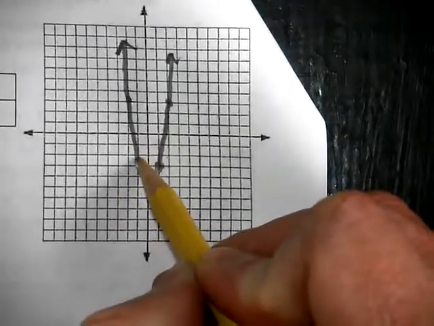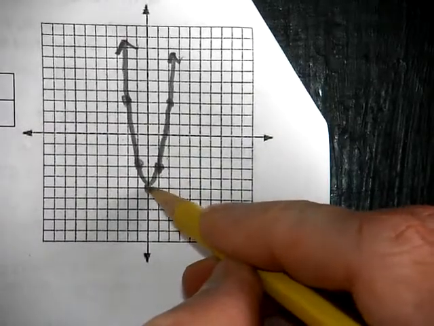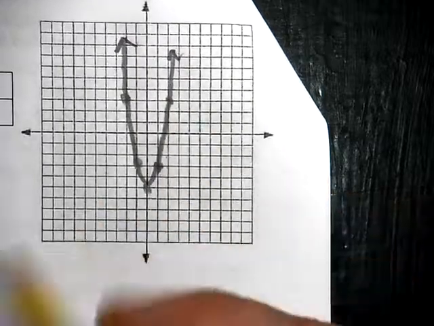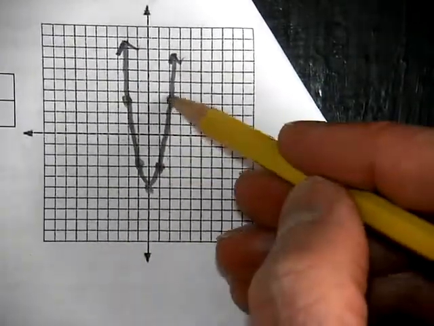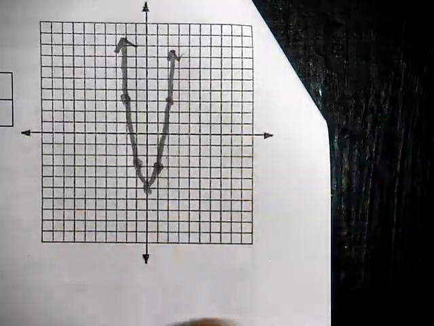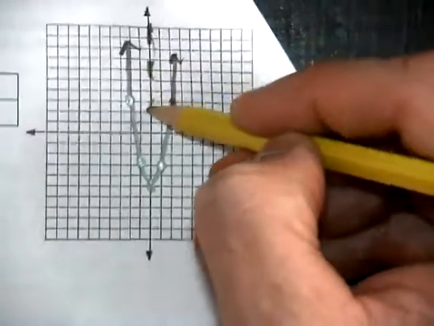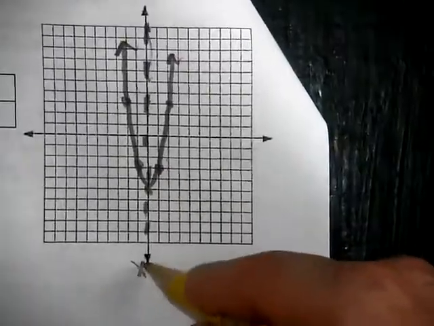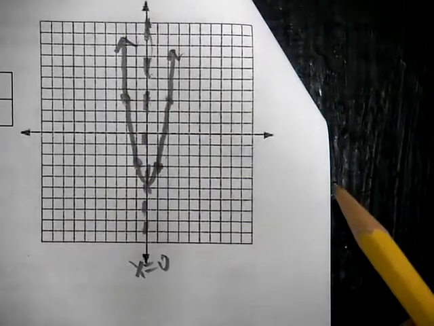So that was pretty quick. But the parent function is 1 over 1 up, 2 over 4 up. Because the a value is 2, we're going to go up twice that amount. My axis of symmetry, or line of symmetry, is right on the y-axis, x equals 0, I can reflect them right across.